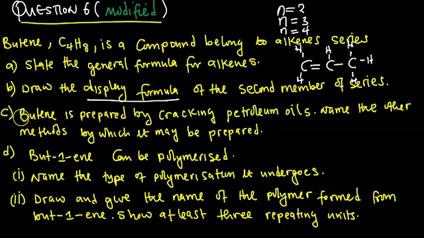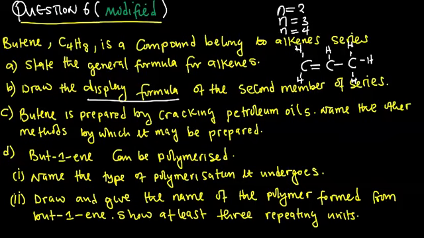Then now the C question: butene is prepared by cracking petroleum oil. Name the other method by which it may be prepared. So in short, how alkenes are prepared aside from cracking. Yes, cracking is one way alkenes are obtained.